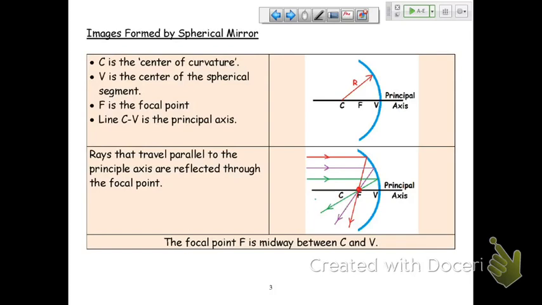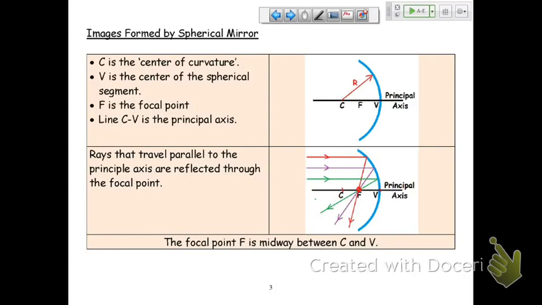And that point of interest is halfway between the center of curvature and where the principal axis hits the mirror, the center of the spherical segment. And we named that the focal point.